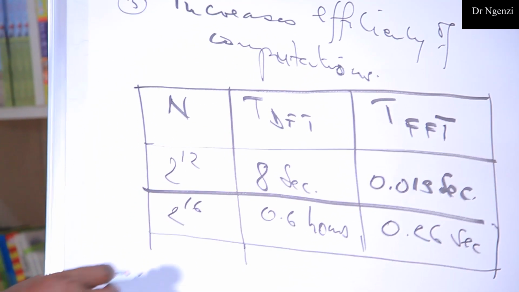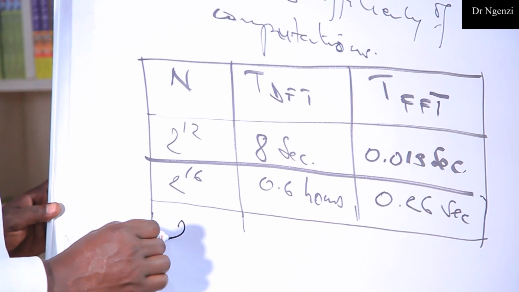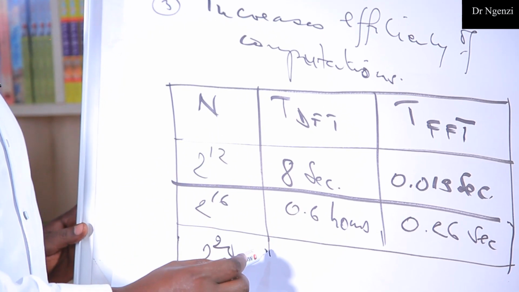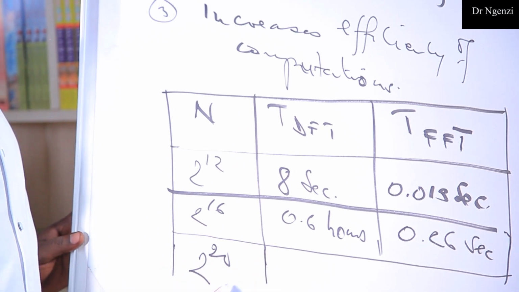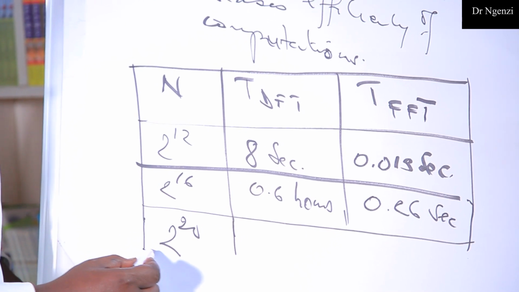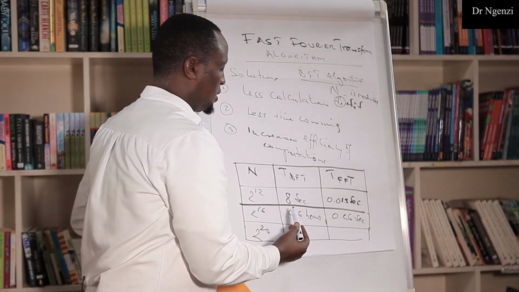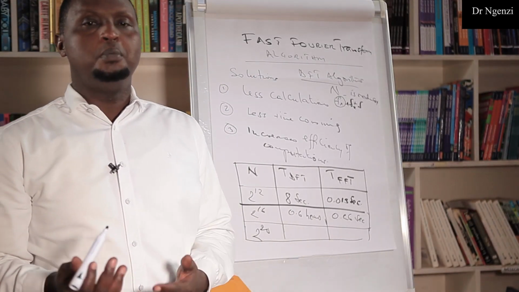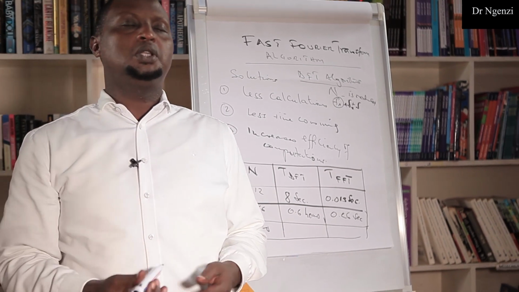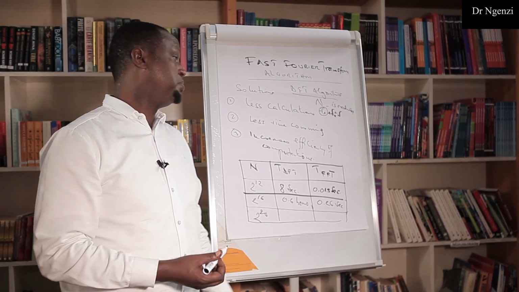We can also take, for example, another big computation here, which is 2 raised to the power of 20. How much time is it going to take to overcome this in DFT? It's going to be 6 days.